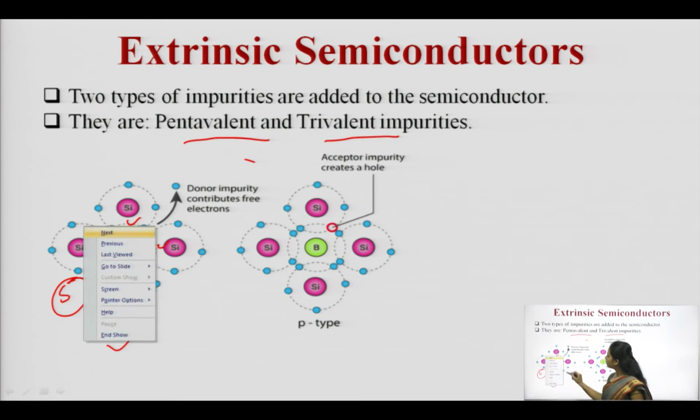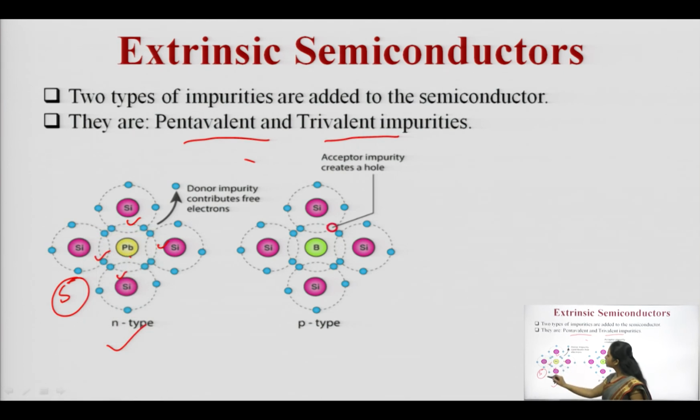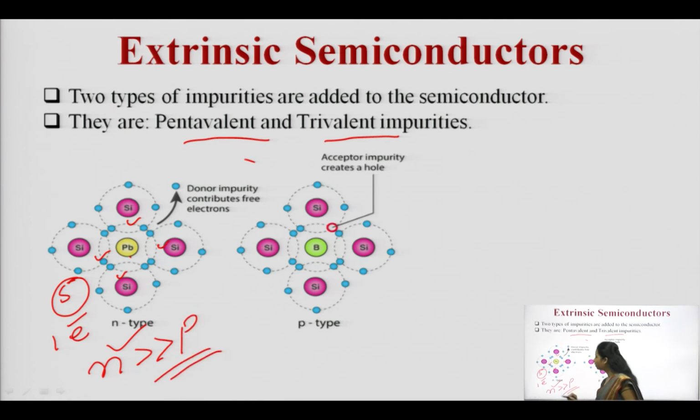Each pentavalent impurity contributes 1 electron, and usually 1 atom of impurity is added to 10 raised to the power 8 atoms of the semiconductor. So in N-type semiconductor, the concentration of electrons will be very high in comparison to the holes.